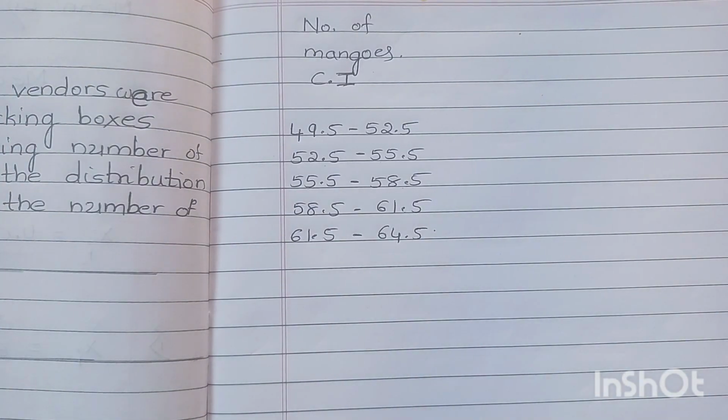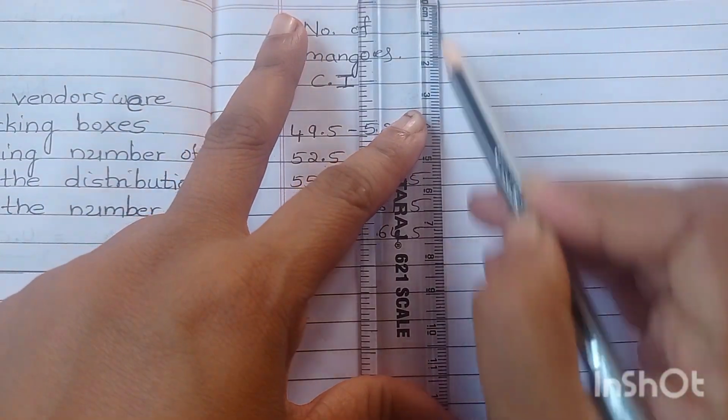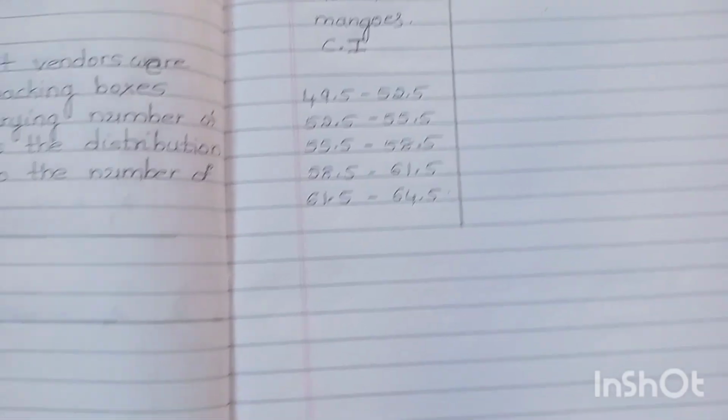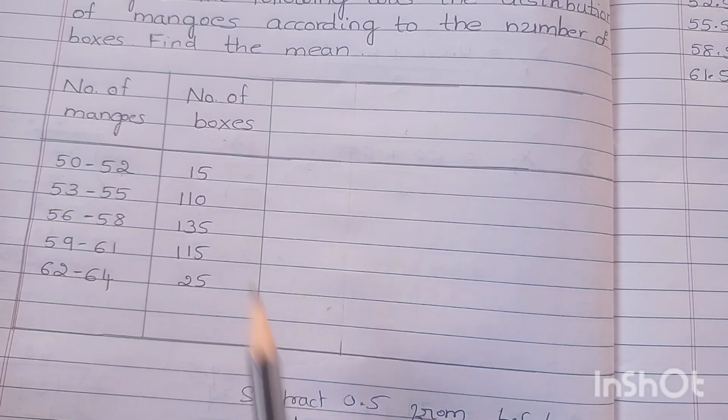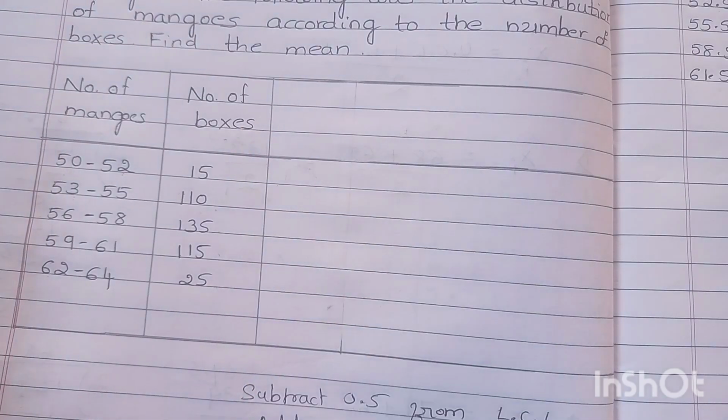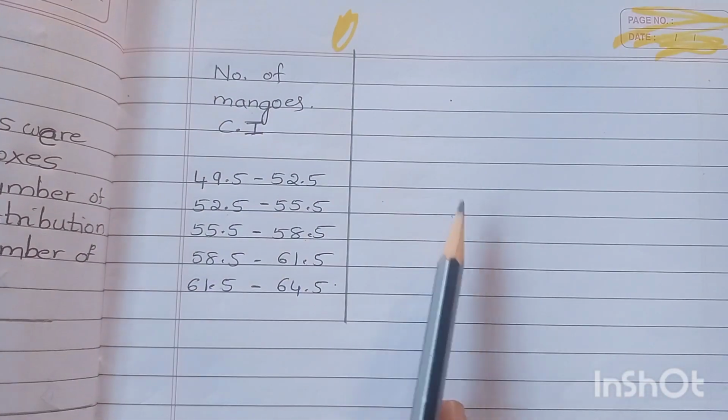Now let us draw a line. Already in the question they have given the frequency table. See this one: 15, 110, 135, 115, 25 number of boxes. Let me copy this here.